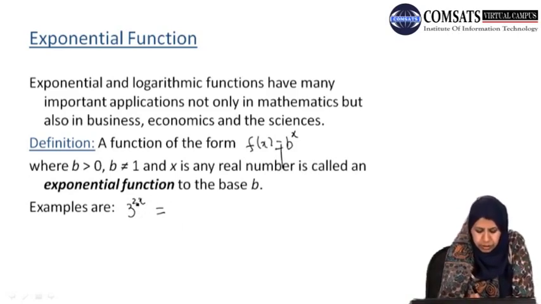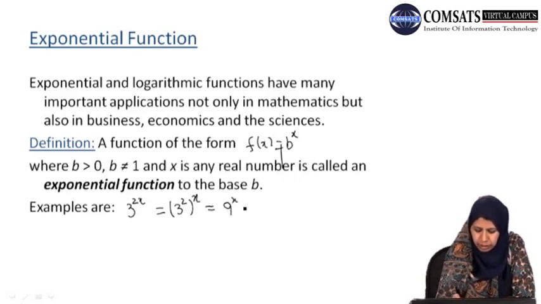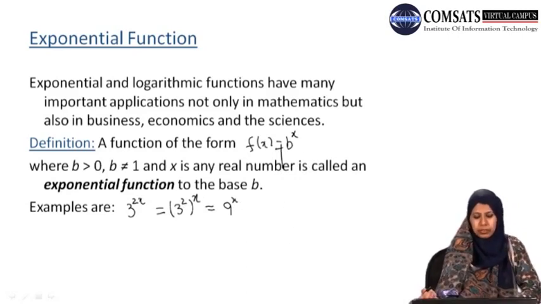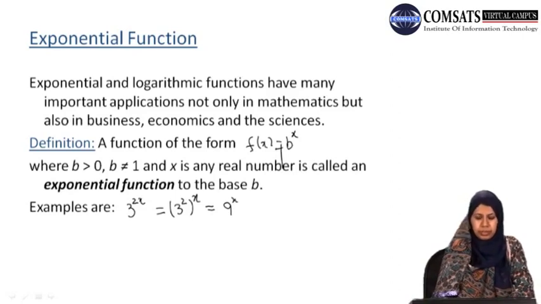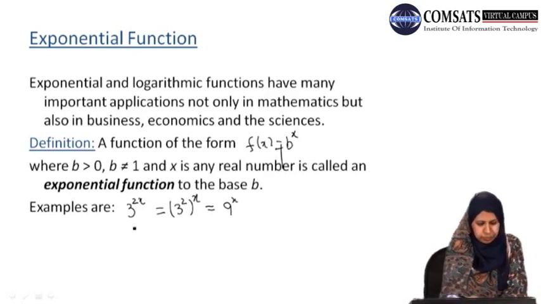Now the power is a product of 2 and x, so we can take the square first and then the power x. 3 squared is 9, and we are left with 9 to the power x. So 3 to the power 2x is an exponential function which can be written as 9 to the power x.